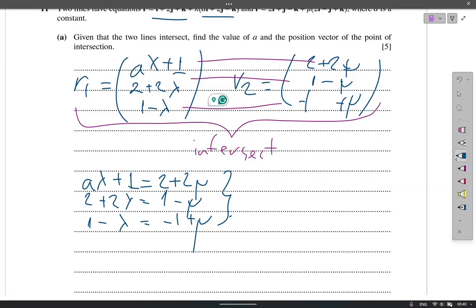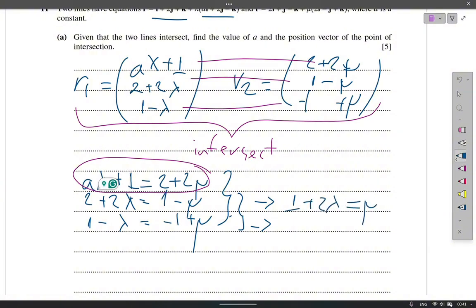First, we don't know the alpha value from this equation, the a value from this equation. So we have to find lambda and mu from the bottom two equations. We rearrange them. We have this and this.